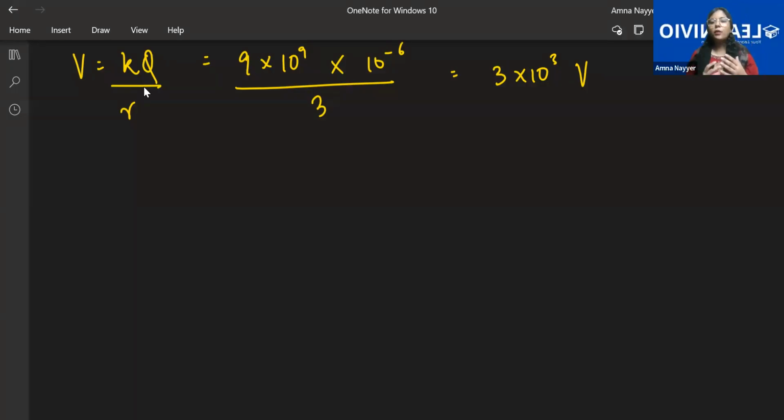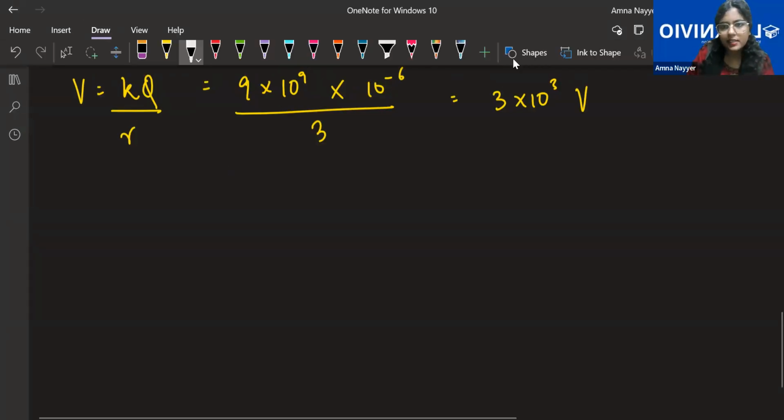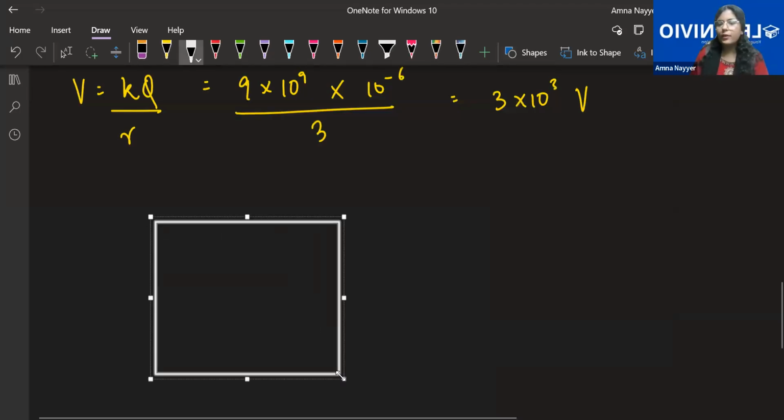When we are talking about the superposition principle, only the basic questions are there that we have discussed already. Let's say we have a square and the diagonals of the square are mentioned.